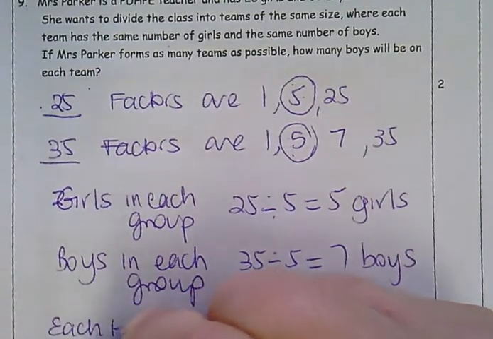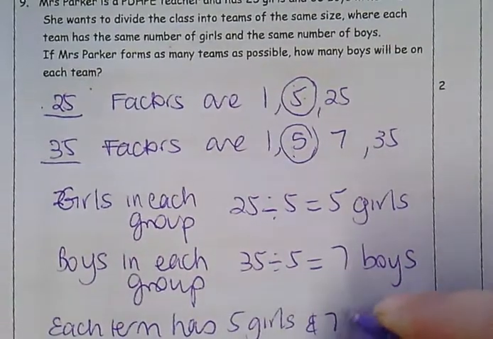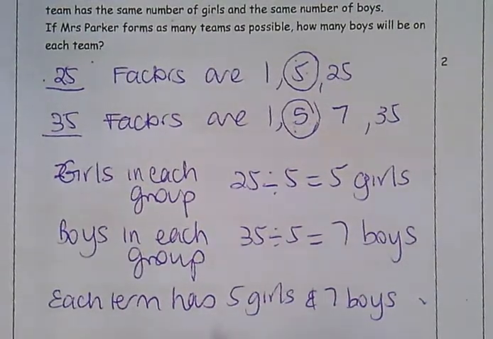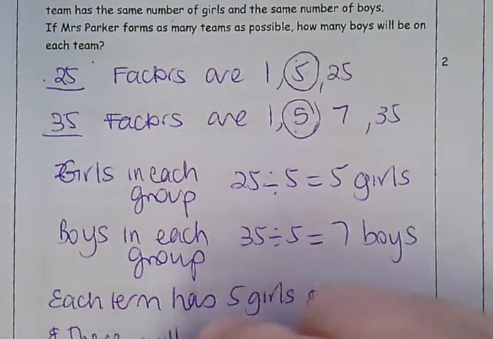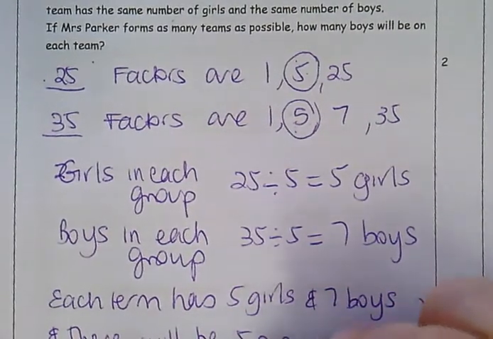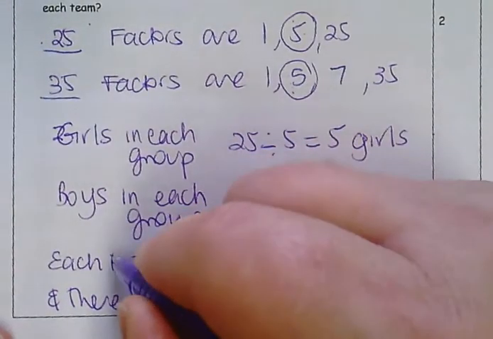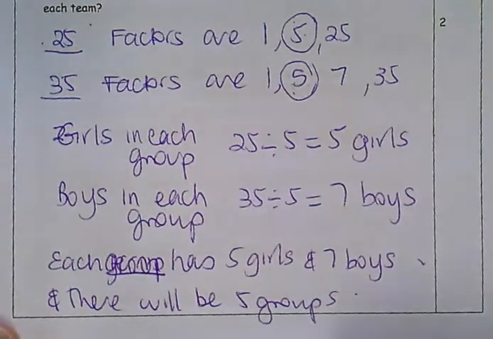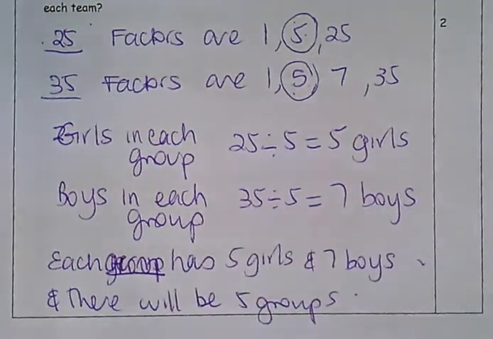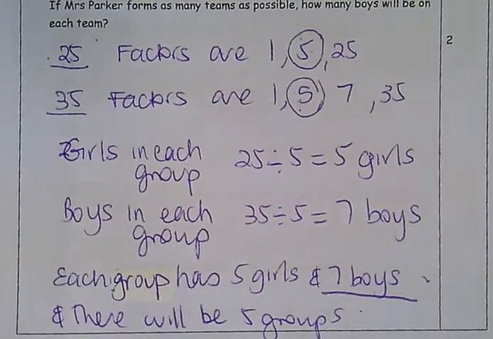Each team has 5 girls and 7 boys. So there will be 7 boys in each team. And we're going to have 5 groups of 12 students. So each group has 5 girls and 7 boys, and there'll be 5 groups. So the answer is 7 boys in each team.